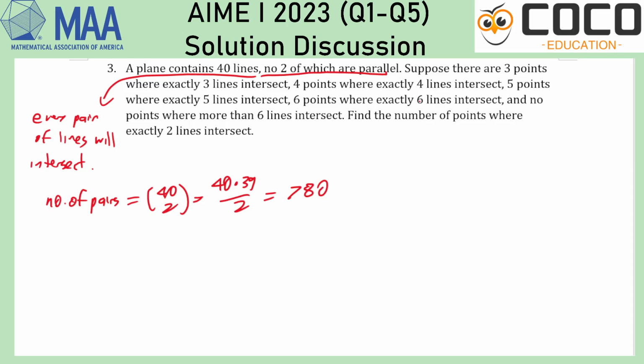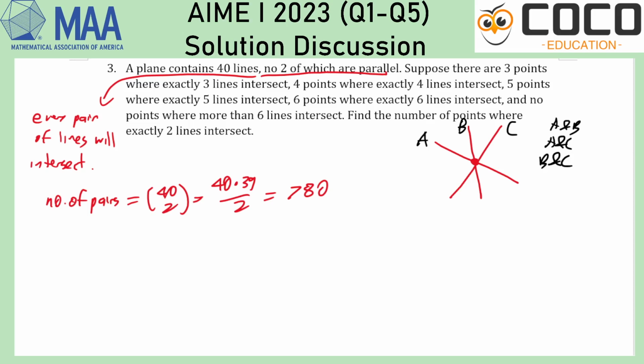So if you look at points where 3 lines intersect, let's say something like this. Effectively, you have got line A, line B, and line C intersecting at the same place, which means that A and B, A and C, and B and C, all these 3 pairs of intersections are the same thing.